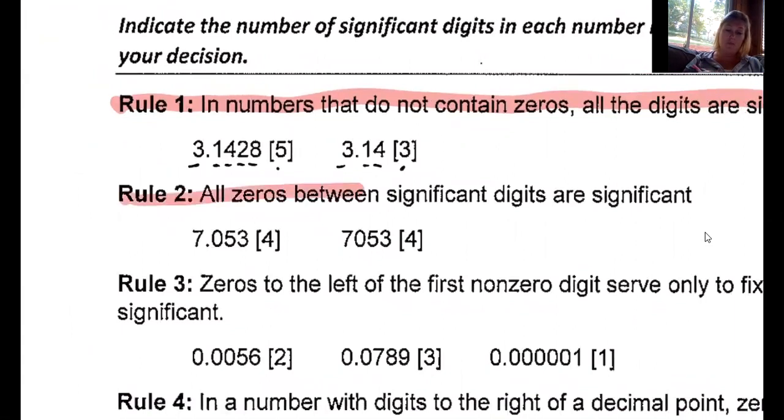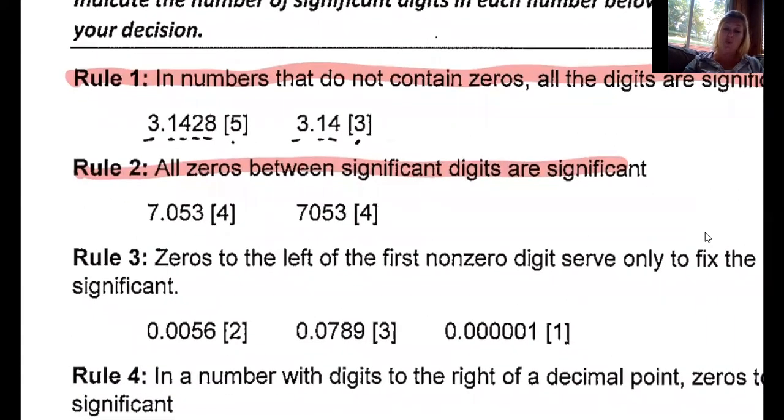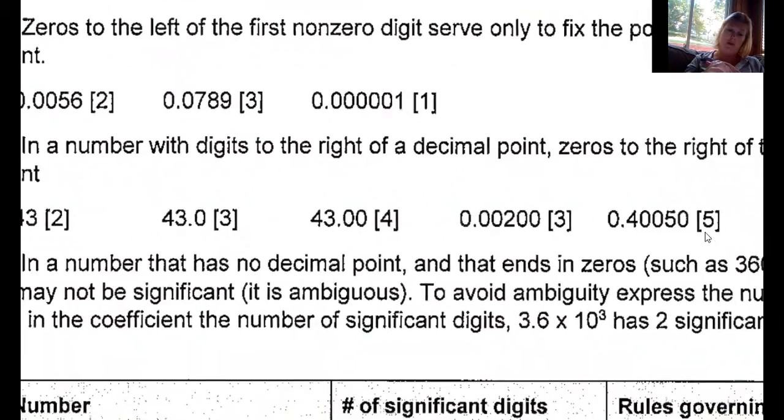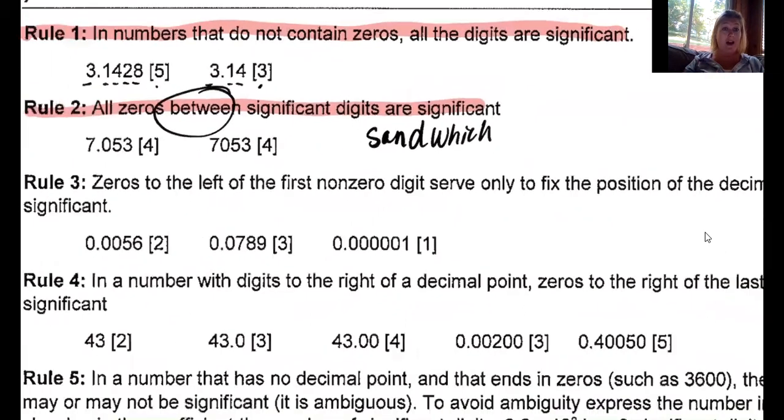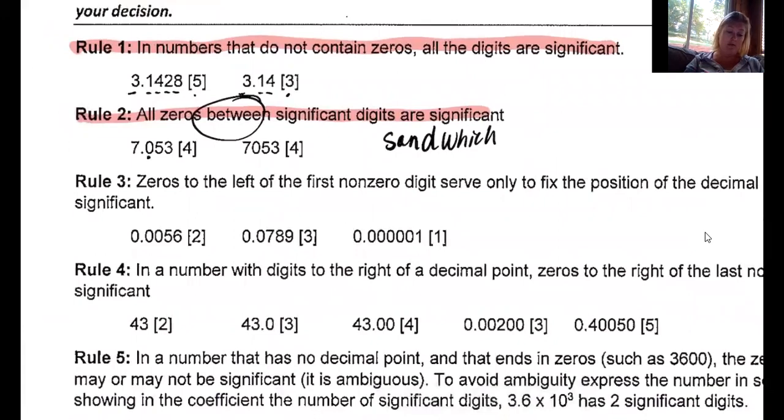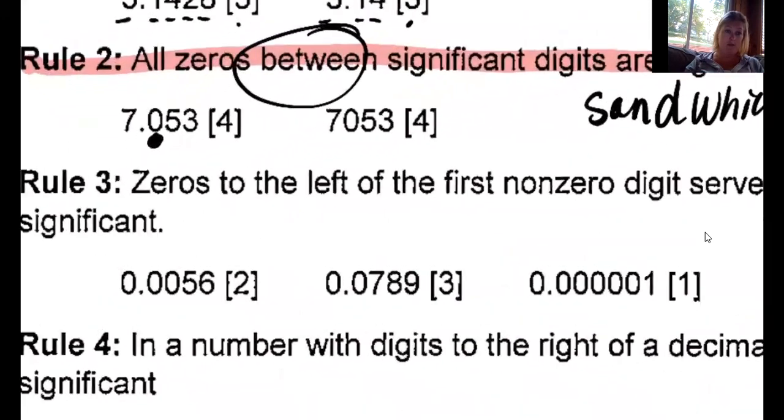Rule 2, all zeros between significant digits are significant. So the key word is between. I call this my sandwich rule. What that means is this 0 right here that I'm looking at is sandwiched between a 7 and a 5, which are significant.